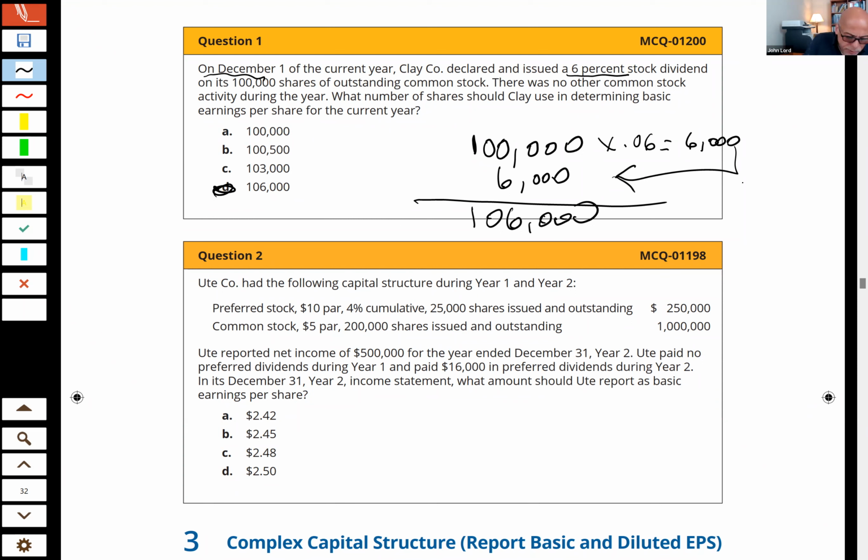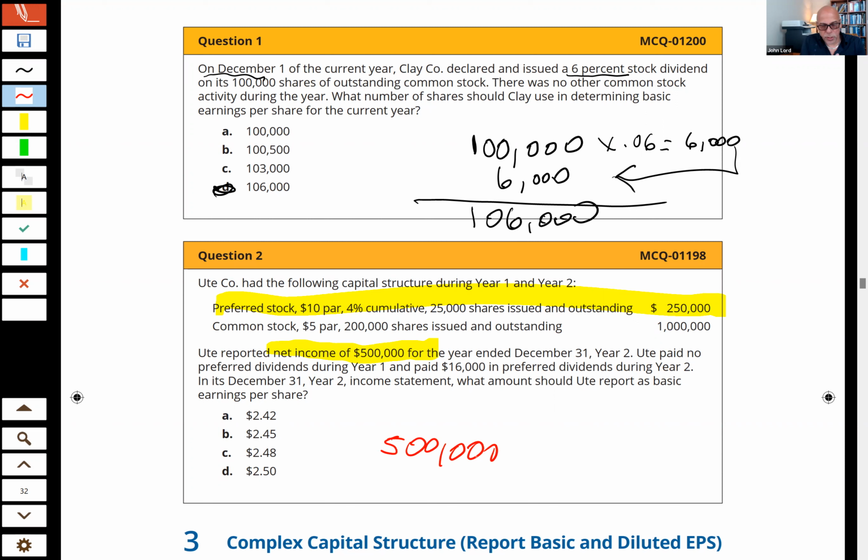Okay, so what happens? We're sitting here and we have this preferred stock, and they tell us it is what? Cumulative preferred dividends. Okay, now they tell us that UTE reported net income of $500,000 for the year. Now, when I think about how I have to calculate this, I know right out that I'm going to take what? The income available to the common shareholders, but I'm going to have to adjust that for preferred dividends.